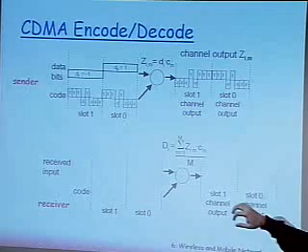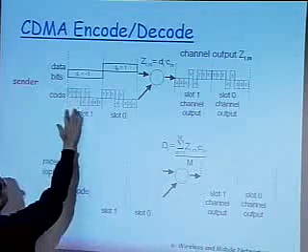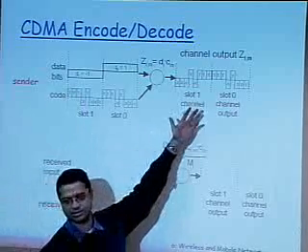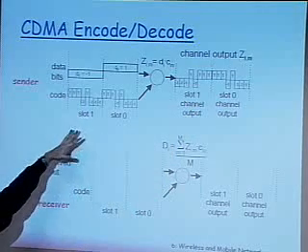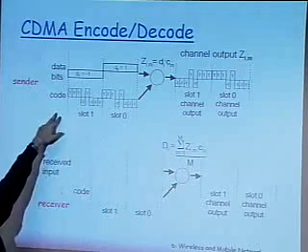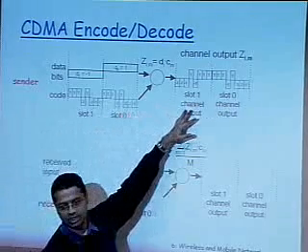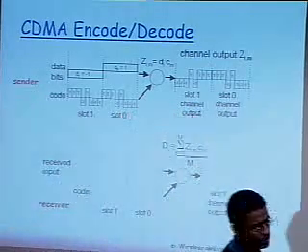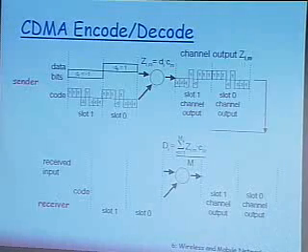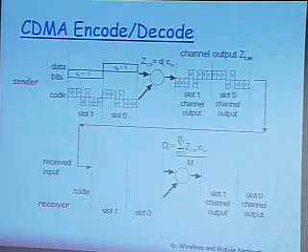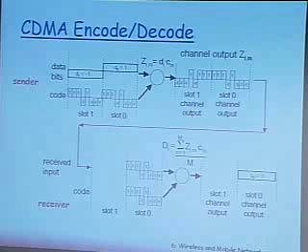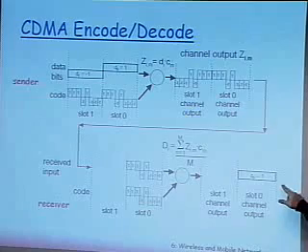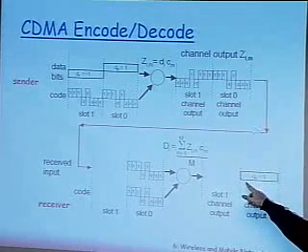If you are trying to transmit -1, then your signal just becomes inverted. Instead of 1s and 0s, the bits are +1 and -1. It makes things easier to understand. At the receiver end, you know the code. So you multiply whatever you have received with the code that you already know, and what you recover is the bit that the sender sent.